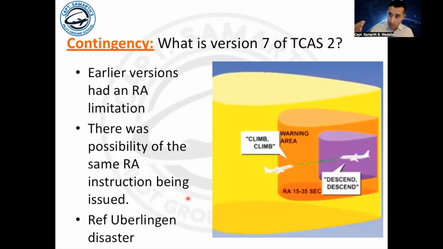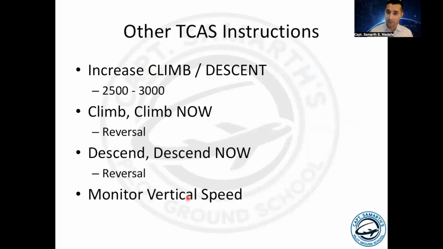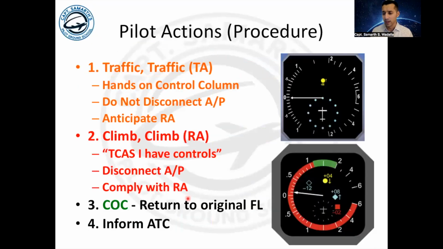So TCAS 2 version 7.1 has the ability to give you a reversal of resolution advisory instruction, which was not the case in TCAS 2 software version 7. That is why we changed from version 7 to version 7.1, and that is what the Uberlingen disaster is. I hope this is extremely clear.